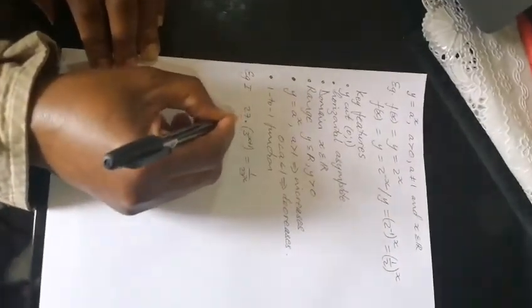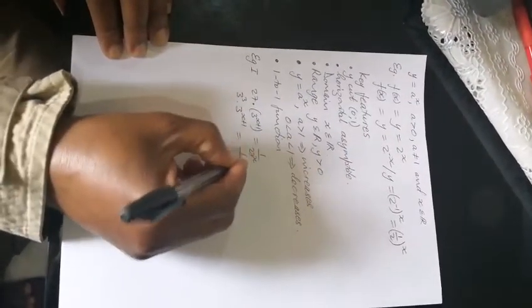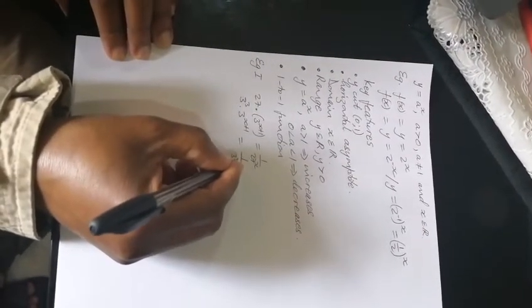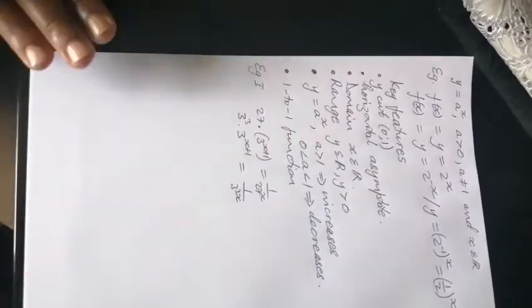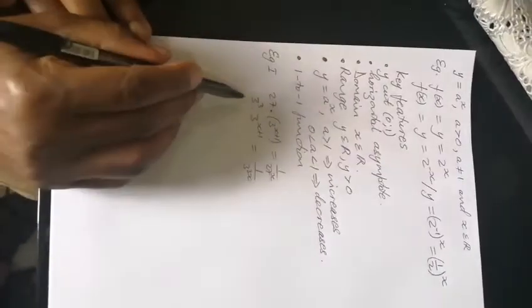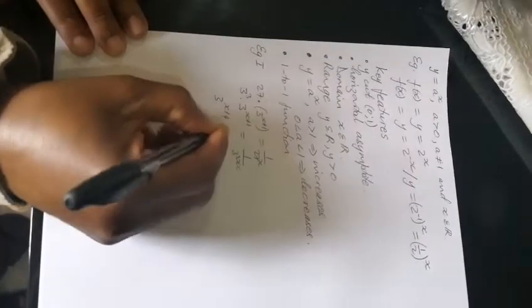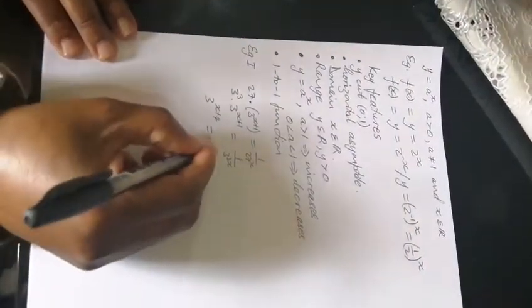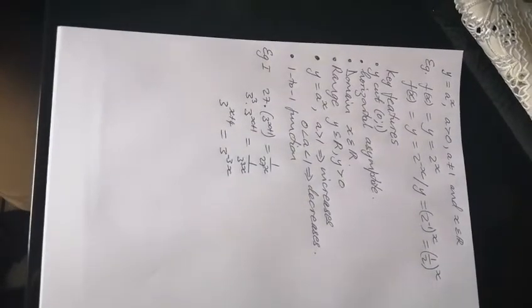It is 3 to the power 3 multiplied by 3 to the power x plus 1 is equal to 1 over 3 to the power 3, all to the power x, which means it's 3 to the power 3x. We are simply applying exponential rules. So when we multiply the same base, we add the powers. So it will be 3 to the power x plus 4 is actually equal to 3 to the power minus 3x. Very, very important for us to always remember.